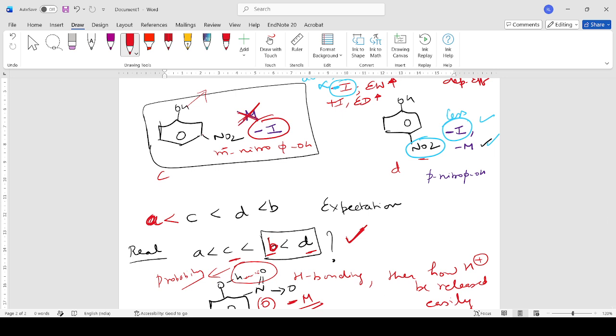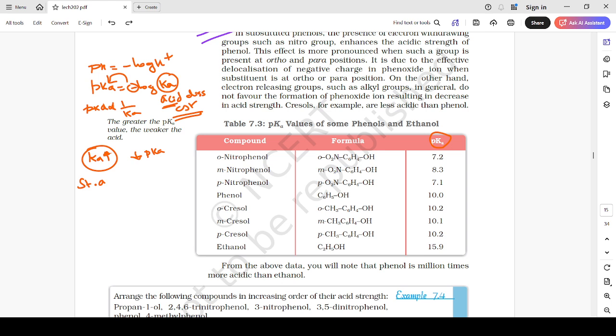Yes, ma'am. Right? Now let us compare it with the NCERT tabular column. Look at the NCERT tabular column, acidic value. Phenol, yes, it has the highest pKa value, as we mentioned. Higher the pKa, less acidic it is.